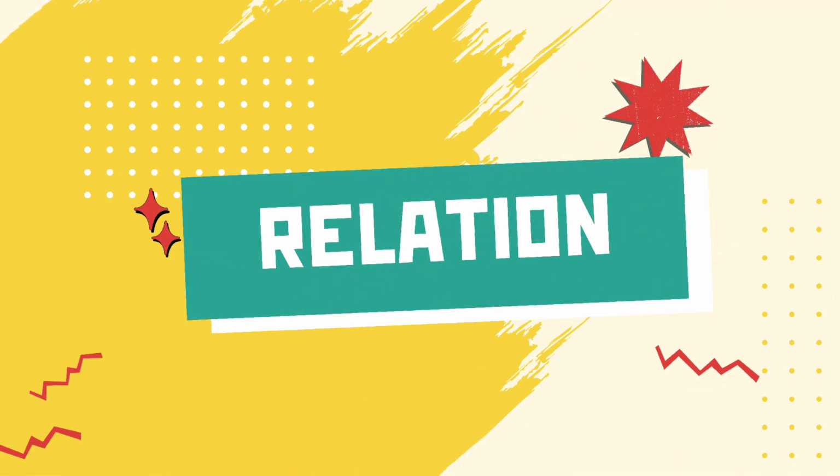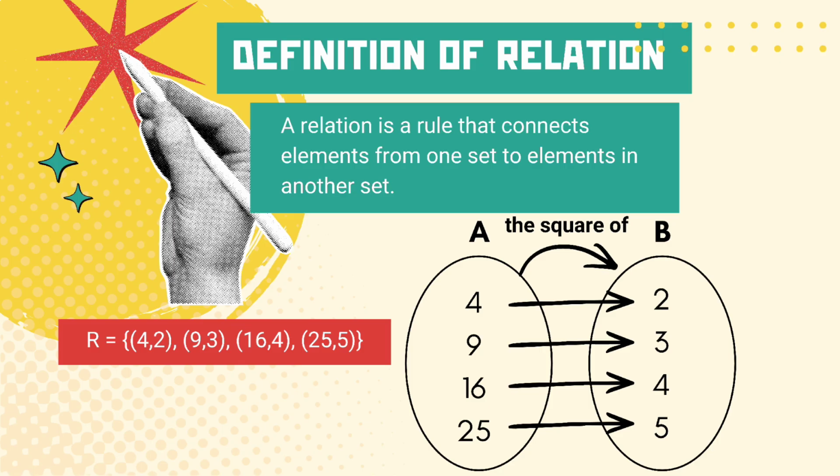Okay, next we learn about relations. A relation is a rule that connects elements from one set to elements in another set. For example, suppose we have set A: 4, 9, 16, and 25, and set B: 2, 3, 4, and 5. We can define a relation like "the square of."